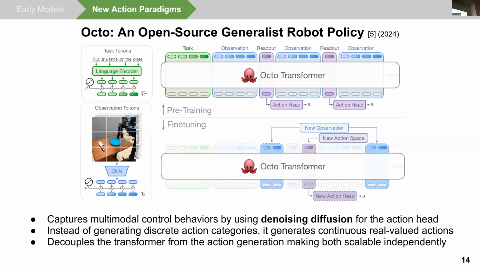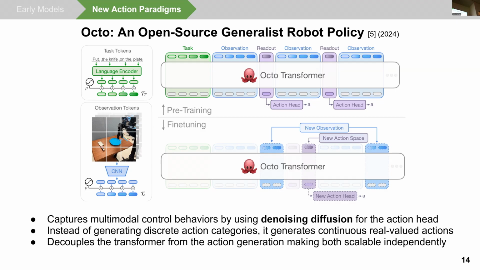So one of the first papers to handle this is Octo. This is an open source generalist robot policy. And in this model, this is where we're starting to see generative modeling techniques start to get applied to control problems. So rather than using a discrete action output head, they switched to using a denoising diffusion output head.